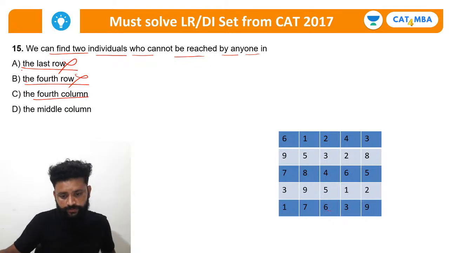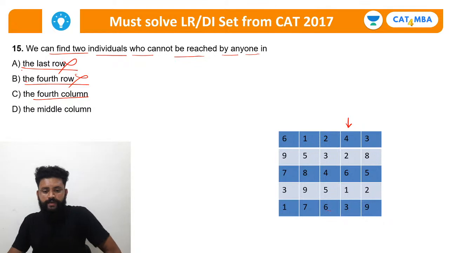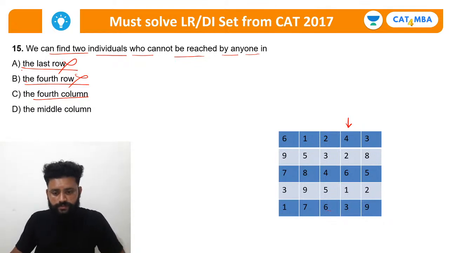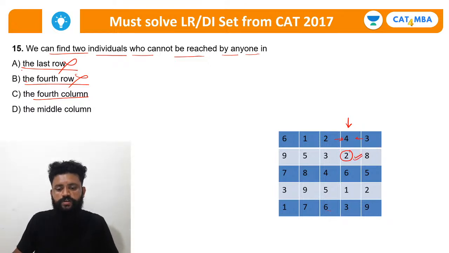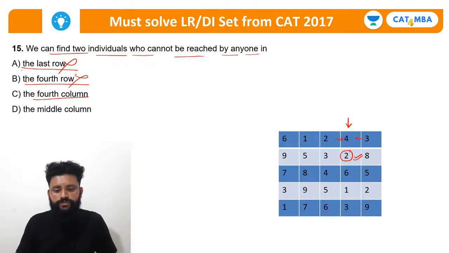Take fourth column. 1, 2, 3. This 4 can be reached by 2. 2 cannot be reached by anyone. Then 6 can be reached by 4. 1 cannot be reached by.